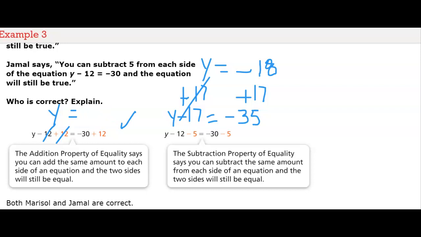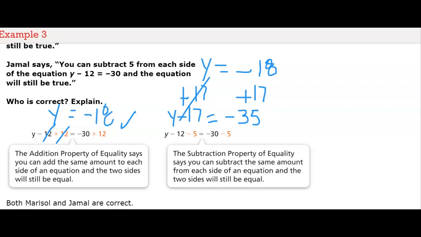This is not equal to 42. Negative 30, I totally forgot about the negative, my apologies. So that would be negative 30 plus 12, which will give us negative 18.